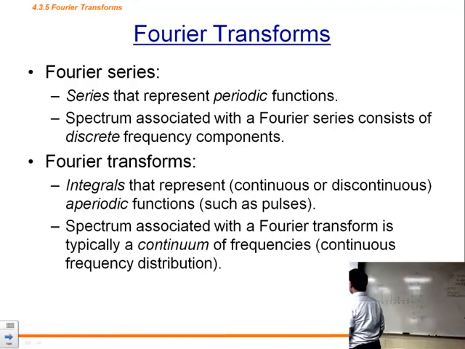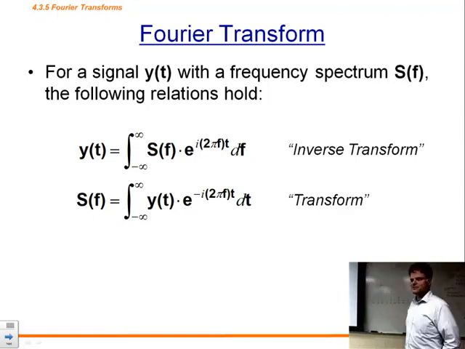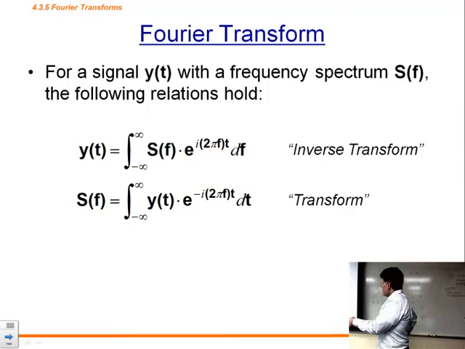All right. So we are breaking up a pulse into its constituent frequencies, but now these frequencies are on a continuum. The frequencies that make up the pulse are on a continuum. So here is some aperiodic function of time, y sub t.